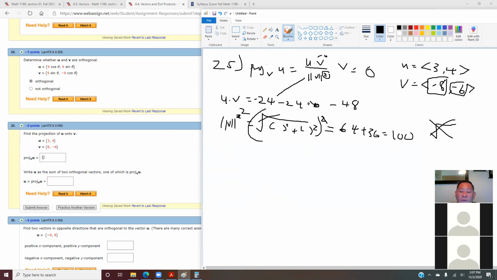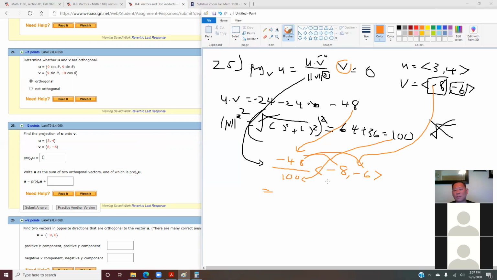So now put it into this formula. This is -48 over 100, and then the vector V is -8, -6. You put all this in here, and now what you need to do is distribute. When you distribute, you get 48 times 8, 384 over 100, and then 48 times 6, this is 288 over 100.